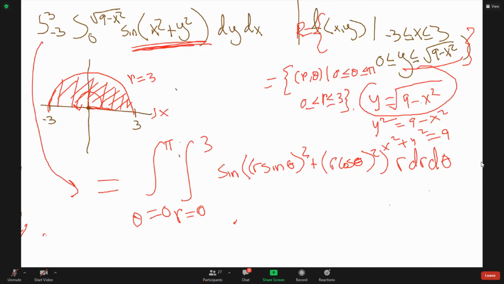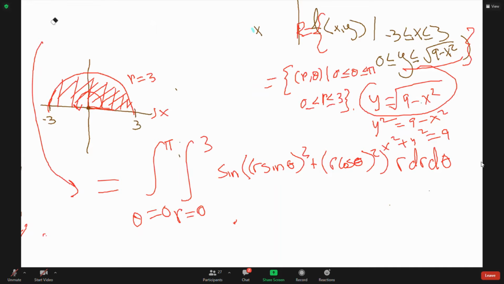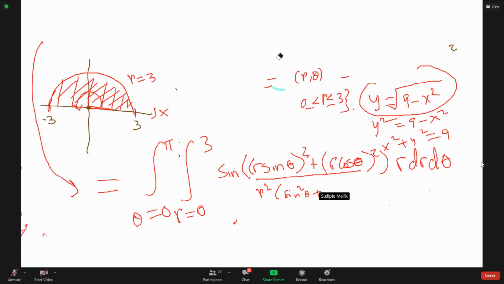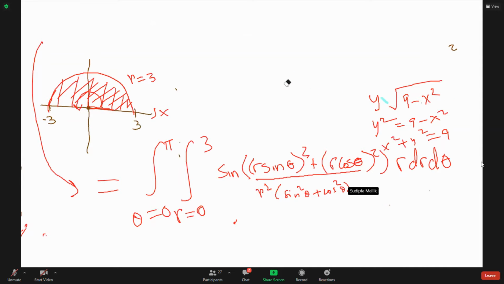I'm a bit confused as to why it would be sine r squared. What is this? It's r squared times sine squared theta plus cosine squared theta, right? Sine squared plus cosine squared is 1. It turns out to be sine r squared.